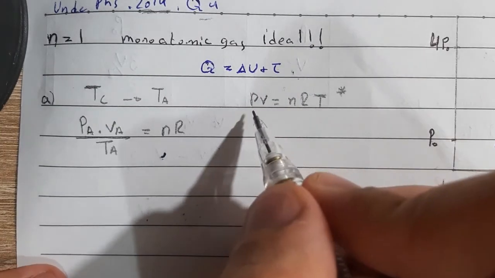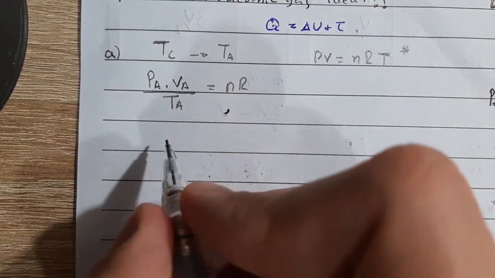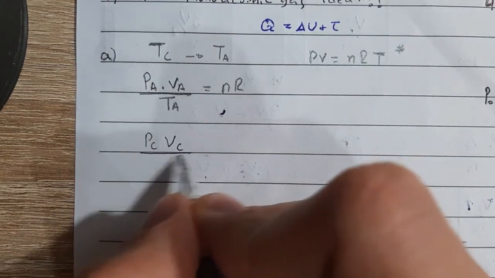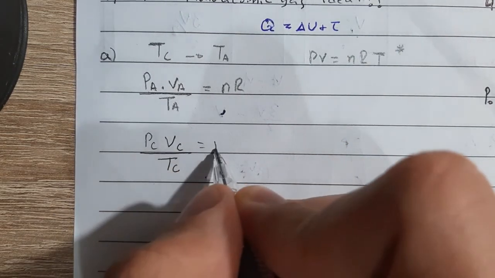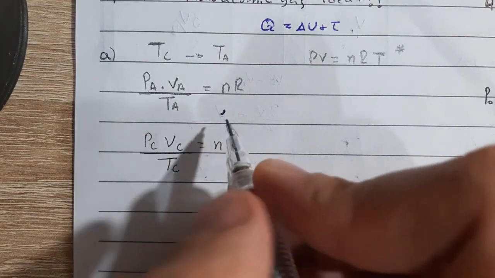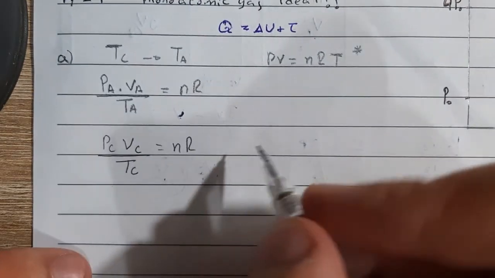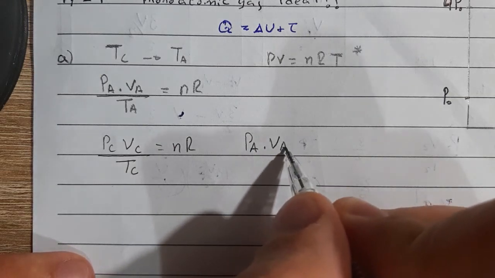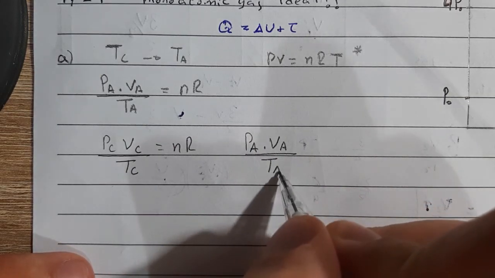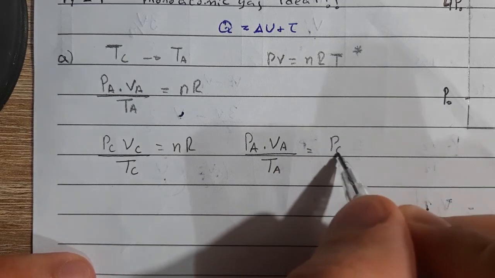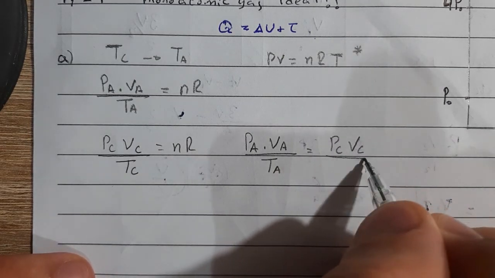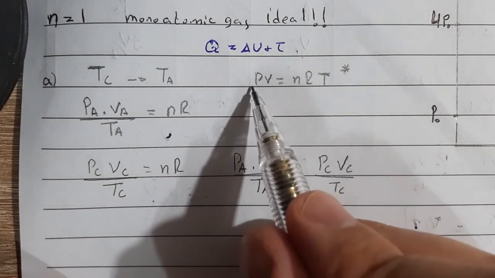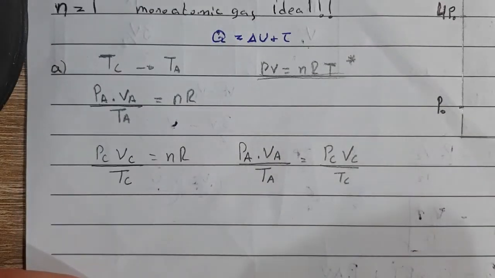The temperature went to the other side. Okay, so pressure in C times volume in C divided by the temperature C is equal to nR. So the amount of material is constant. Okay, so P_A V_A over T_A is equal to P_C V_C over T_C. You need to always remember this for thermodynamics.